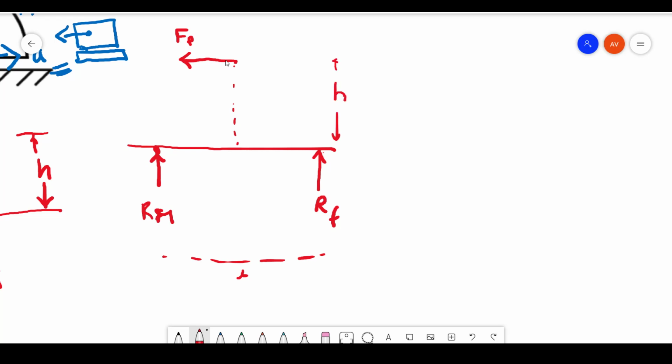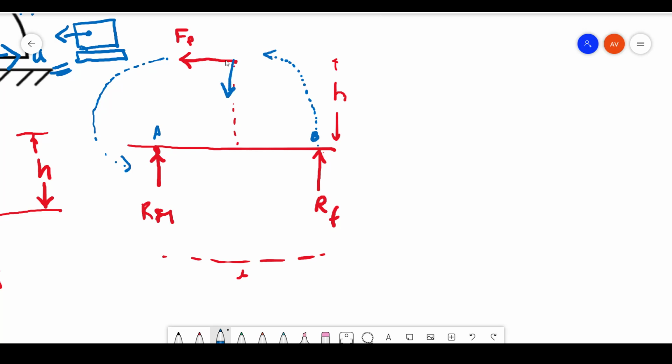Now if you are going to take moment about your point A, this force is going to travel like this about that point A. Same way your RF is going to travel like this.